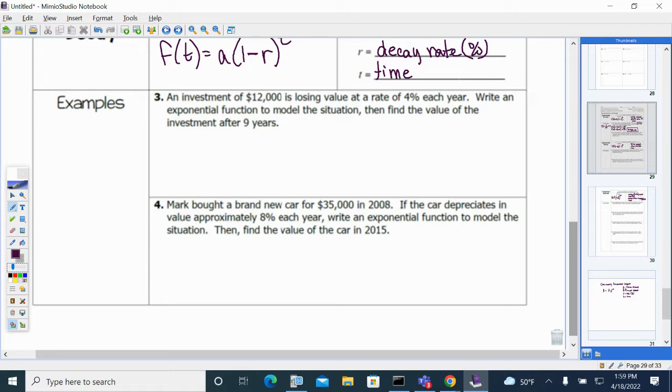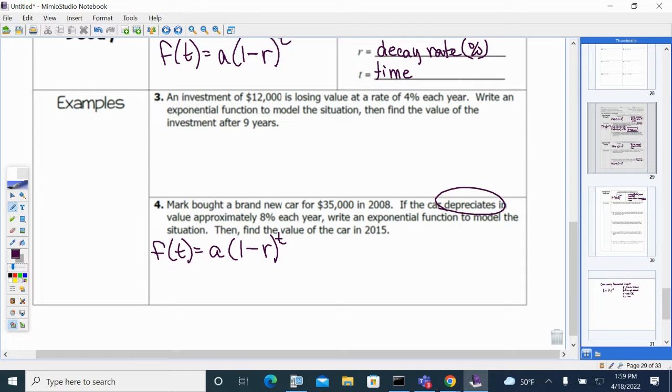So same formula, f of t is equal to a, but in this case it's 1 minus the r. Again, it's minus because it says depreciate. So you're going to have to watch the vocabulary in these word problems. Look for decrease or increase, appreciate or depreciate, which lets you know whether it's growth or decay.